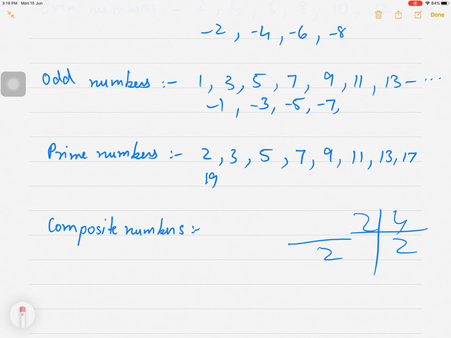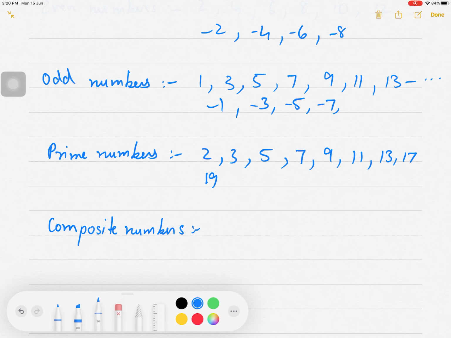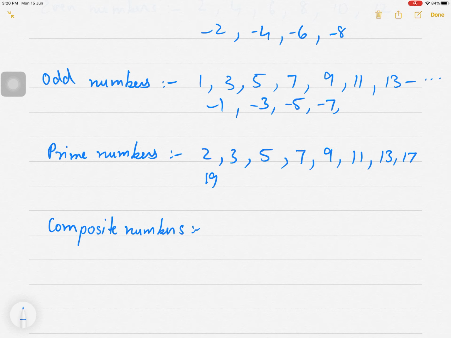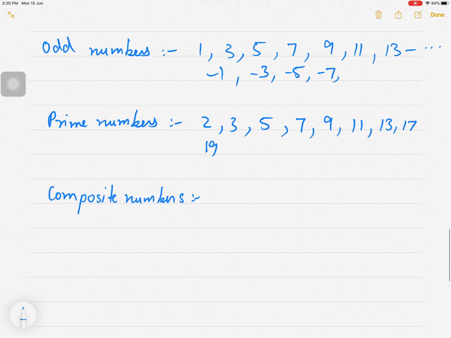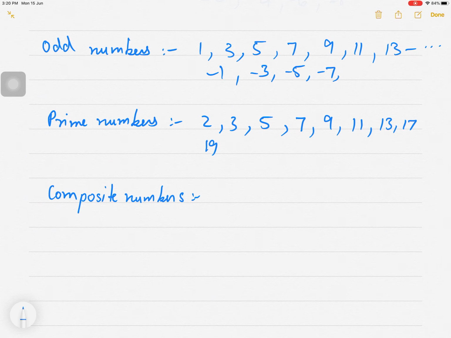So composite numbers are those numbers which are divisible by other numbers, or which are multiples of other numbers. Okay? So composite numbers are those numbers which are not prime numbers.